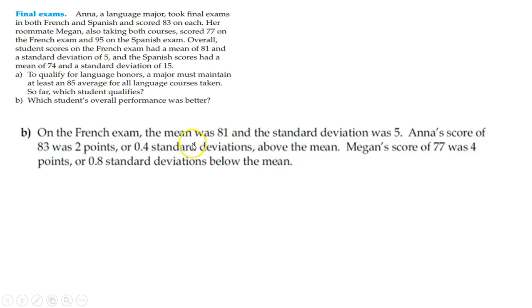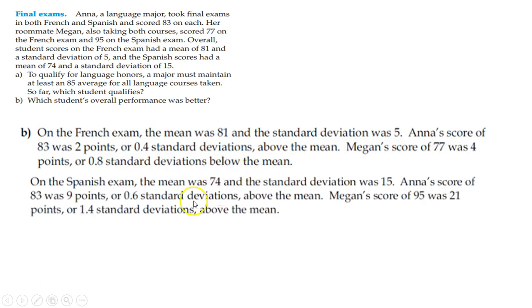On the French exam, the mean was 81 and the standard deviation was 5. Anna's score of 83 was 2 points, or 0.4 standard deviations, above the mean. Megan's score of 77 was 4 points below, or 0.8 standard deviations below the mean. On the Spanish exam, the mean was 74 and the standard deviation was 15.